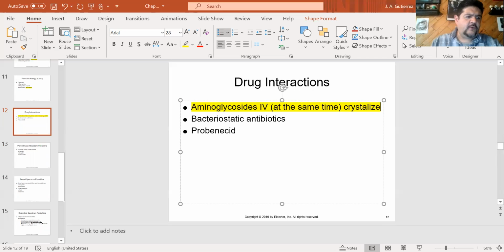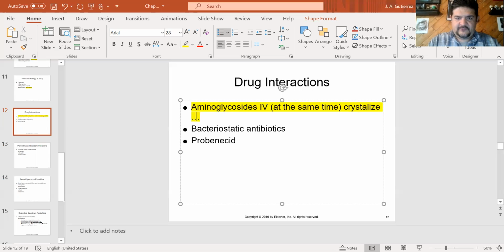I only saw that question once: you have to give penicillin at 9 a.m. and an aminoglycoside. Aminoglycosides, we're not there yet, but they end in mycin. So you have a penicillin and a mycin IV at the same time. What do you do?